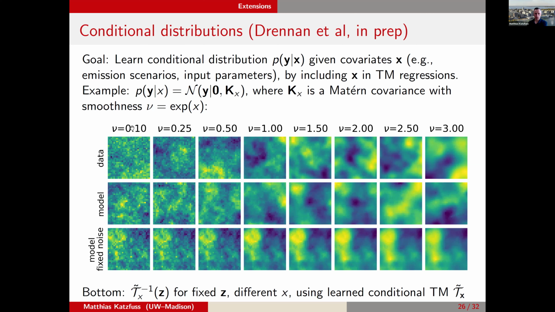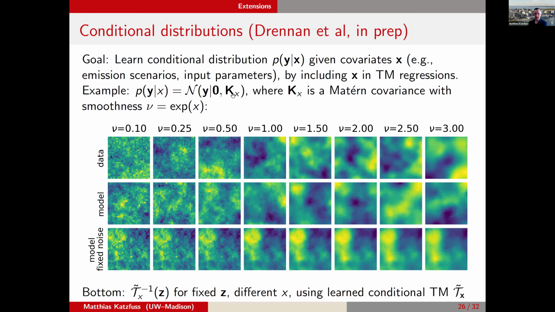Here's an example of a Gaussian field with a Matern covariance again. So now we are saying our conditional distribution Y given X, for any given X, is a normal distribution with mean 0 and a Matern covariance, where X is the log smoothness in that Matern covariance. And we're just fixing the variance and the range parameter in this Matern.